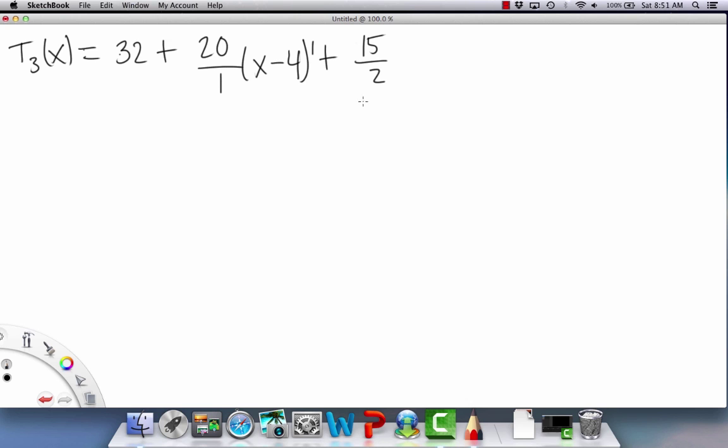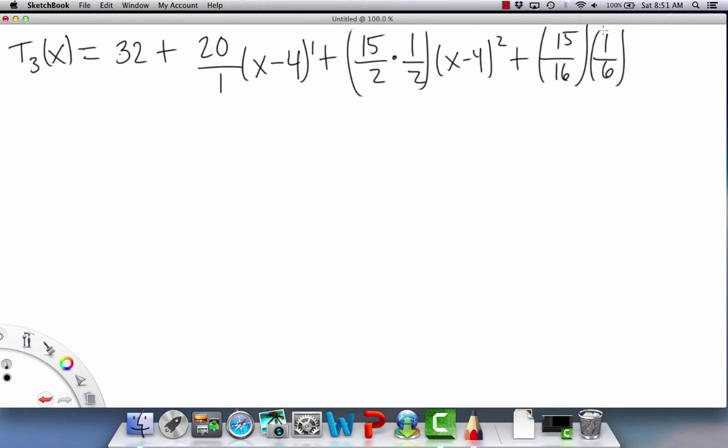And that was over 2 factorial. So that's over 2. So we could just say it's like times 1 over 2, right? And then times x minus 4 to the second. And then one more, we have our 15 over 16. And this was divided by the 3 factorial, so that would be multiplied times 1 over 6, and then x minus 4 to the 3rd.